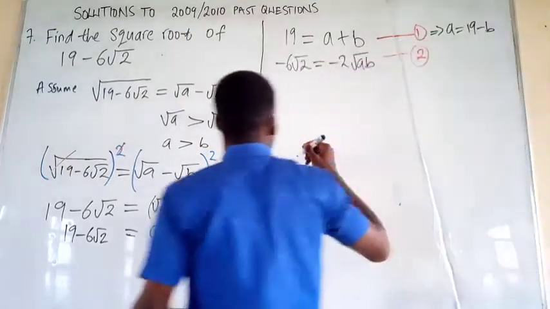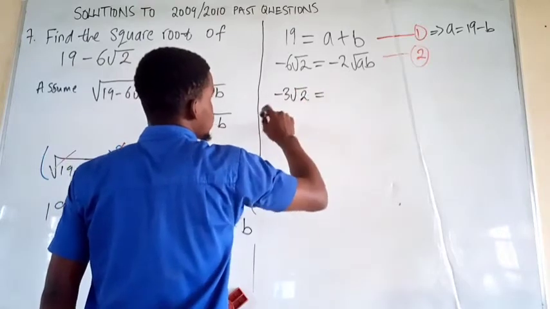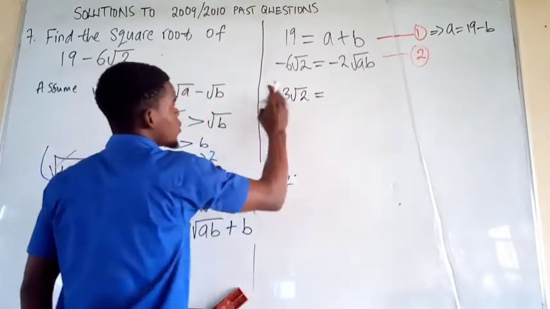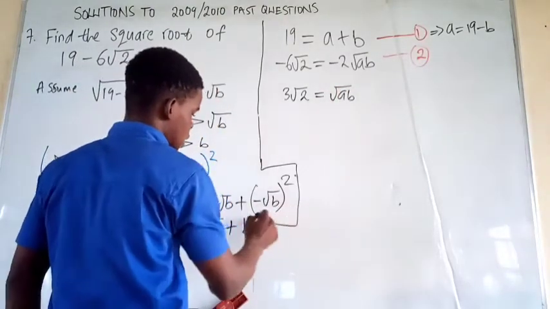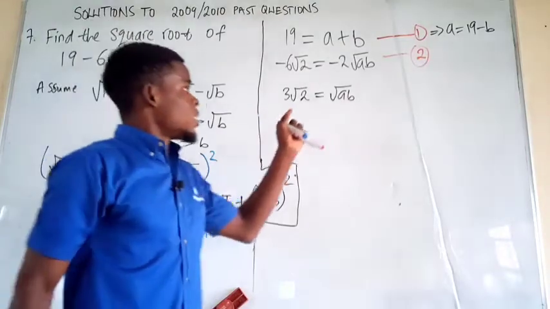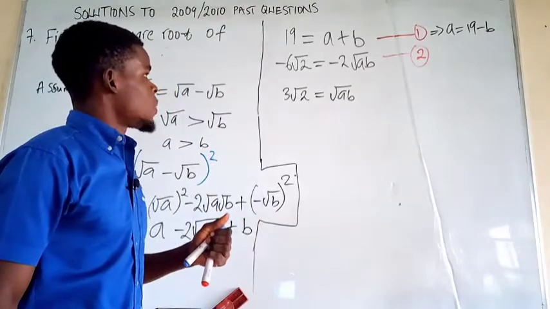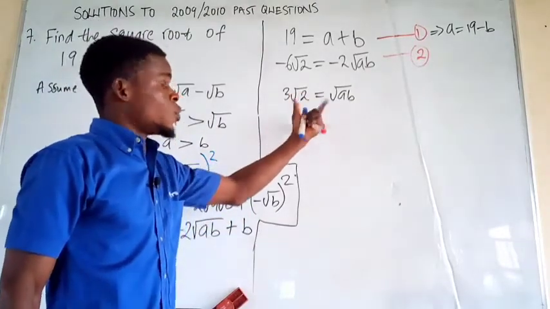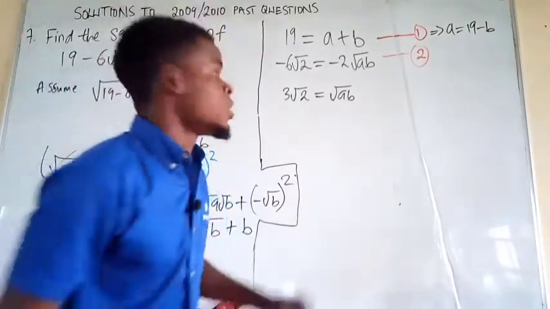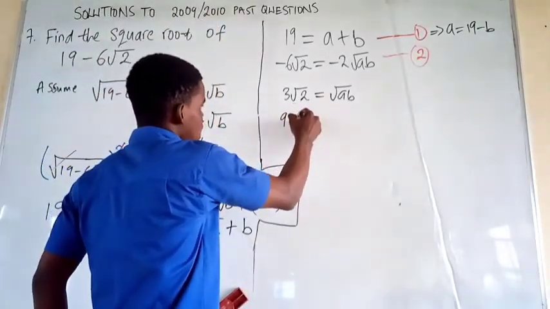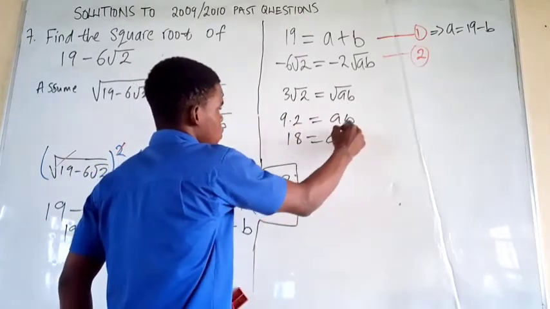So we're going to have negative 3 root 2 is equal to root of ab. That is just by dividing both sides by negative 3. The next thing I'd like to do here is to square both sides. If I square both sides, we will have 9 times 2 is equal to ab. That means that 18 is equal to ab.